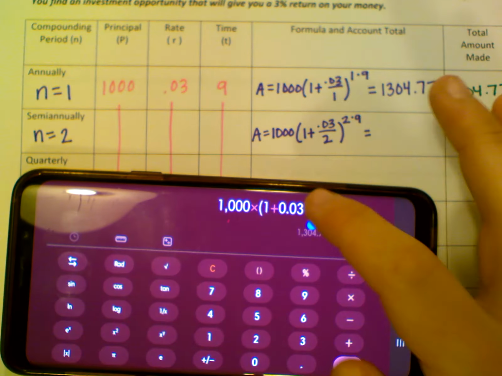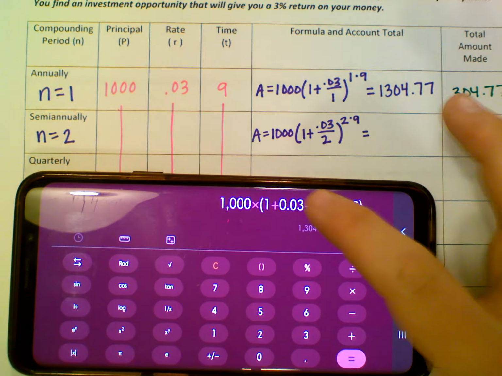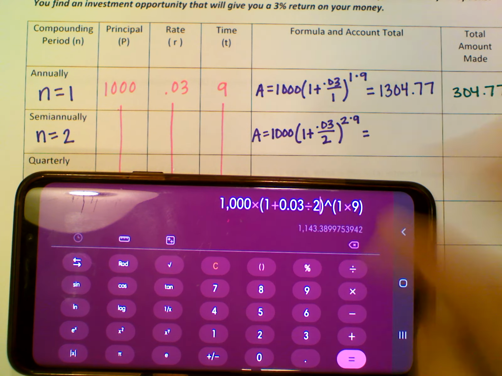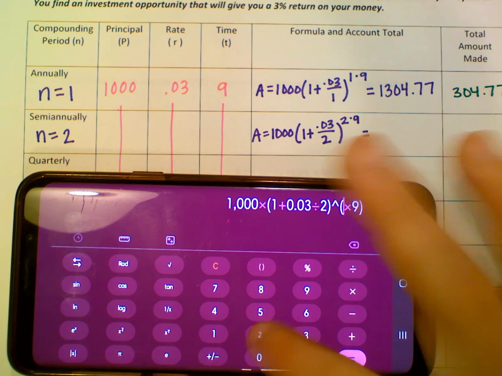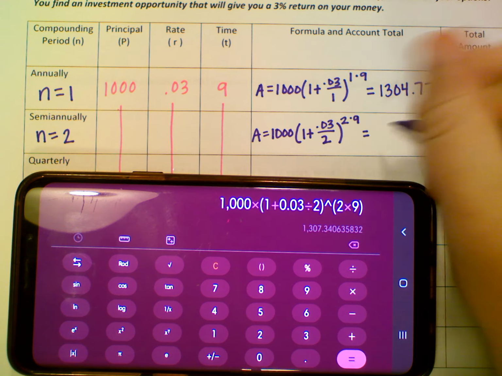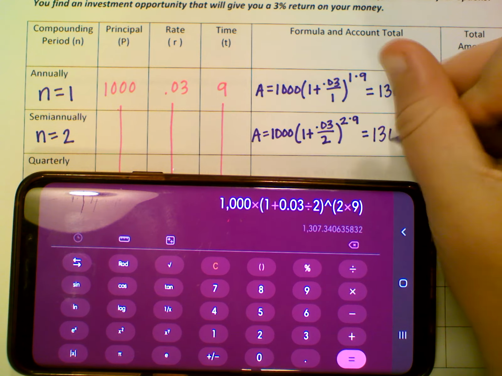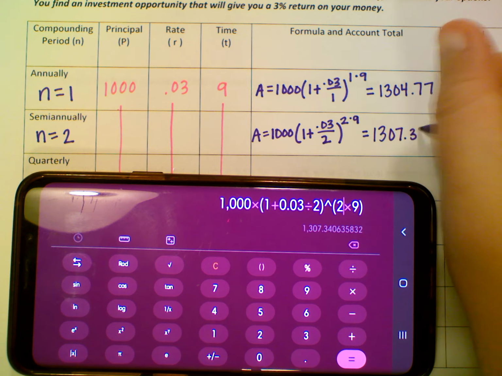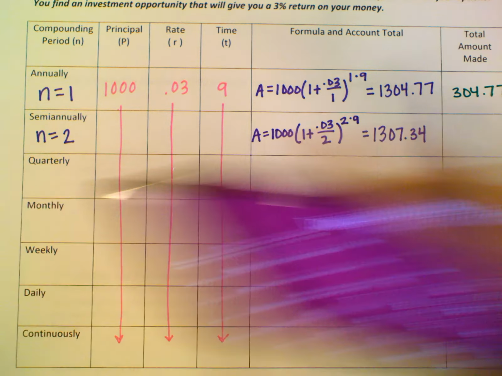All right, if you're using this calculator, you can actually just click and go back and change that one to a 2. That will save you some time there. So a little bit of a shortcut so you don't have to type it in again. $1,307.34.